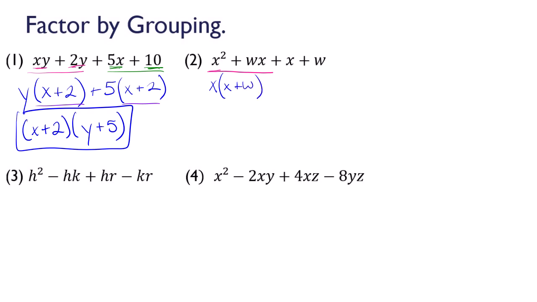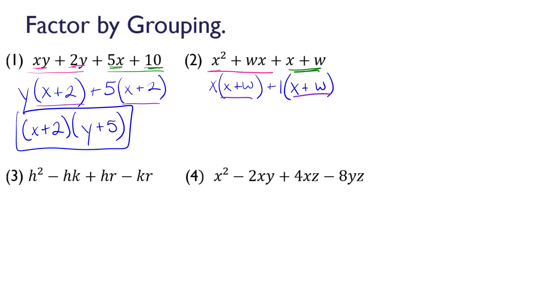All right. Now for the second binomial, there is no common factor, right? So basically we're going to factor out a 1. Okay. And then we put x plus w back inside, right? If we divide x and w by 1, we get x and w. So now we have a common factor, x plus w, right?